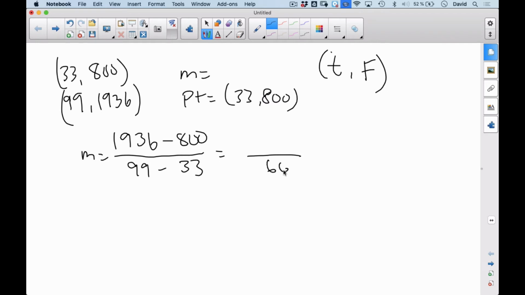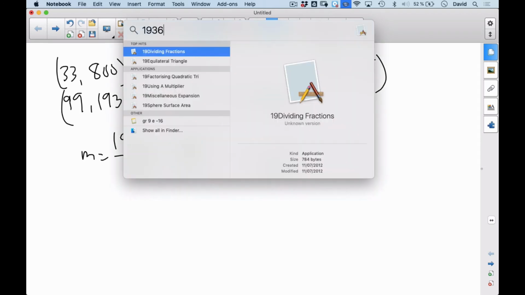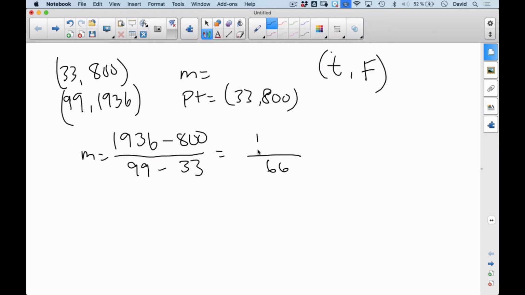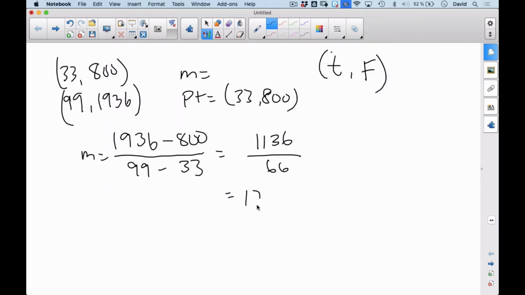This is 66. The other one is 1936 minus 800. It's 1136. And if I divide that now, 1136 divided by 66, I get 17.212. 17.212 is my slope.